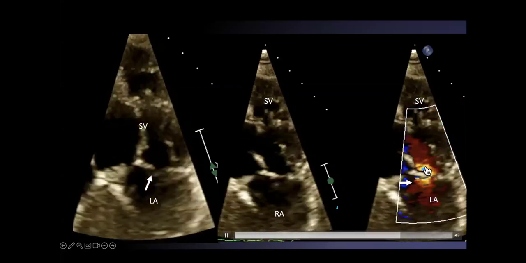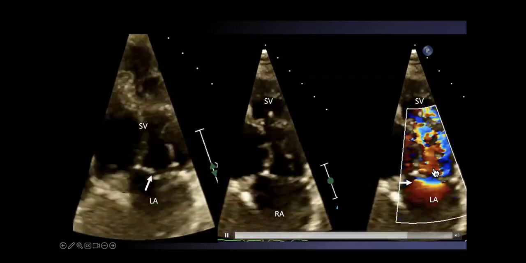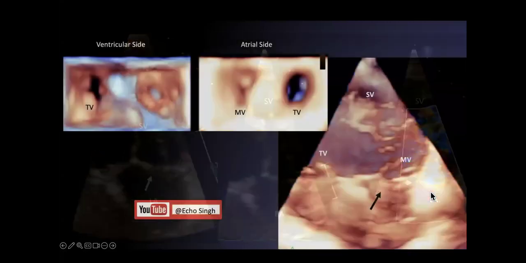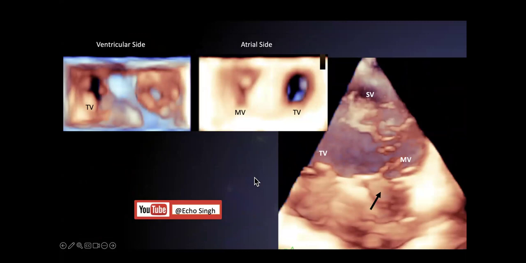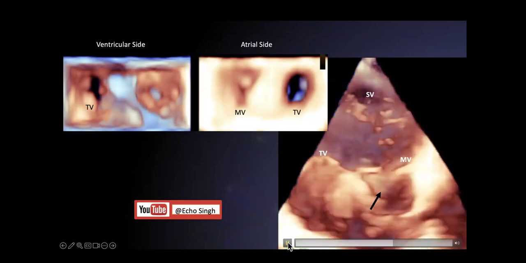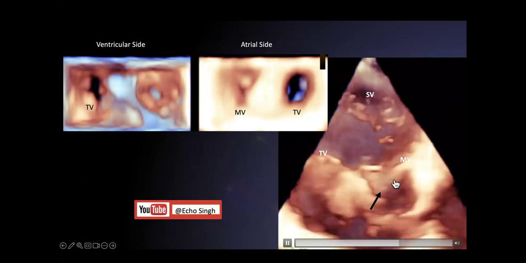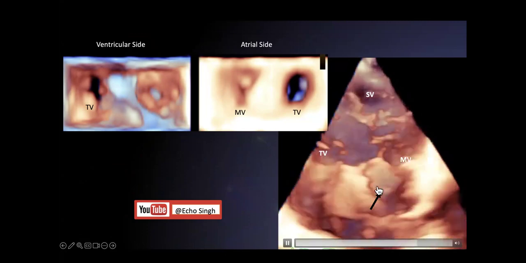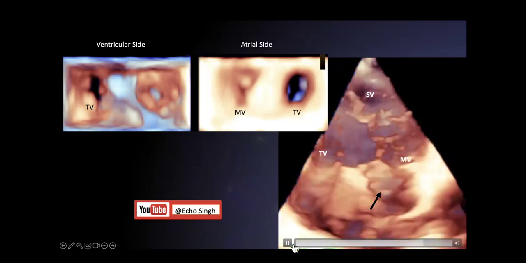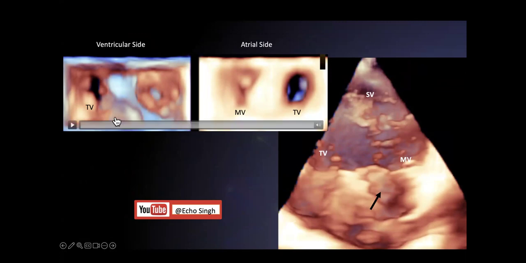This could be used as a clue. Regurgitation is happening elsewhere, and stenosis is happening a little proximal to that. This was a wonderful 3D examination which we performed, and a very good clue. You see this shelf-like structure below. This entire place is that mitral ring or membrane.